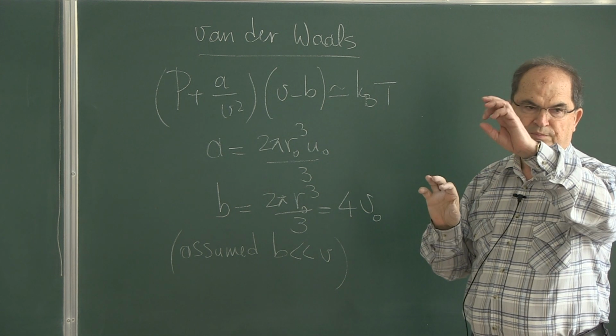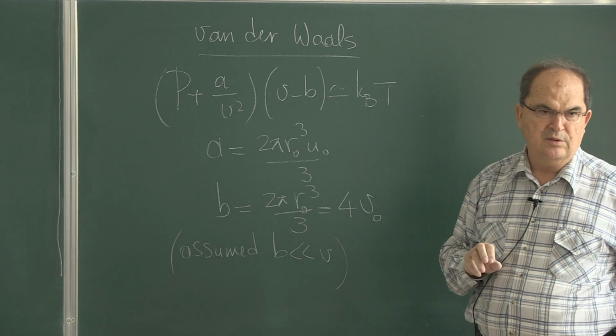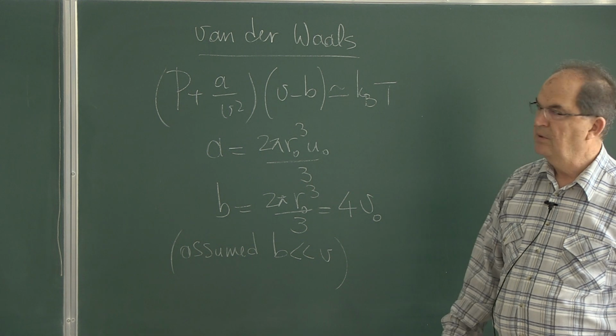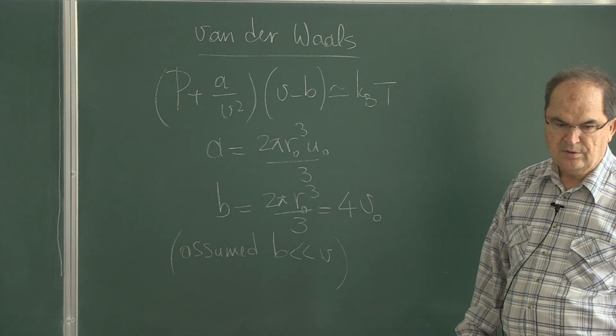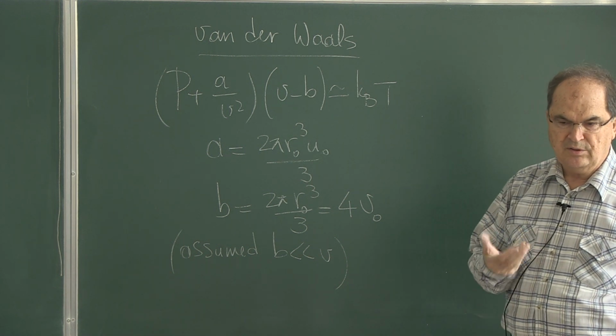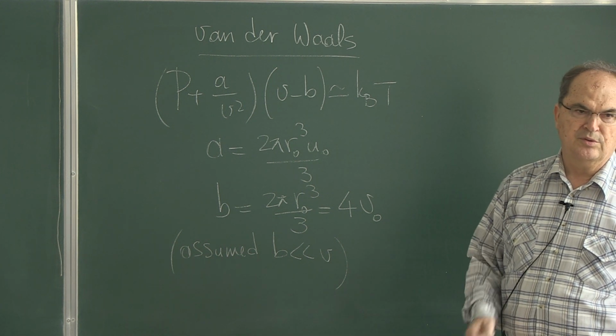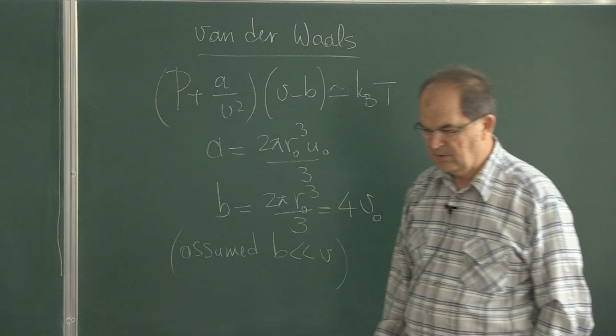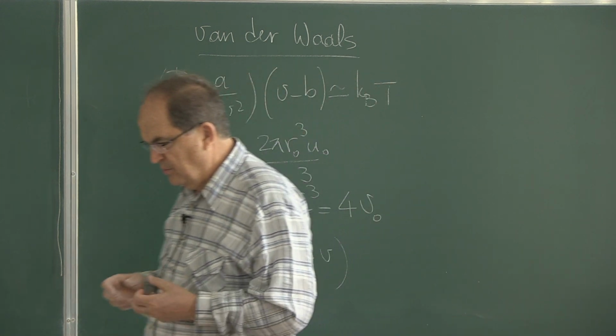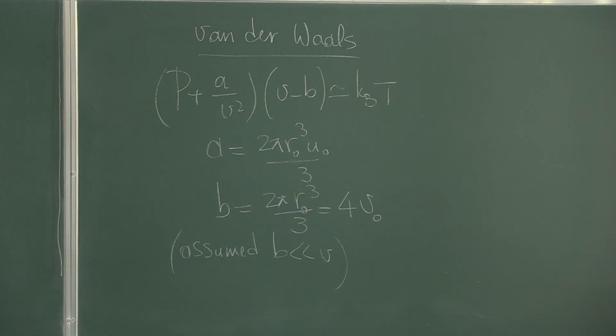So both parts of the potential contribute to reduce the pressure and reduce the volume available to particles because of the repulsion between particles. So particles cannot penetrate into some of the volume, may call it excluded volume.